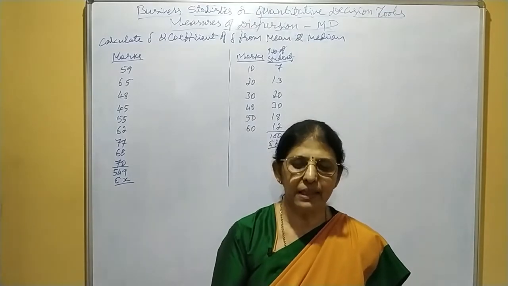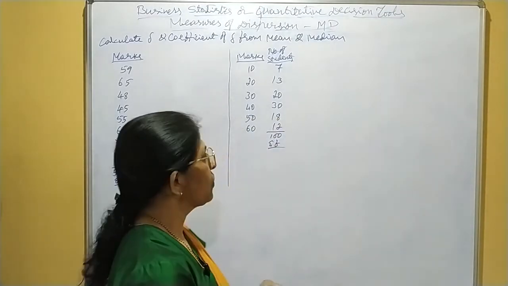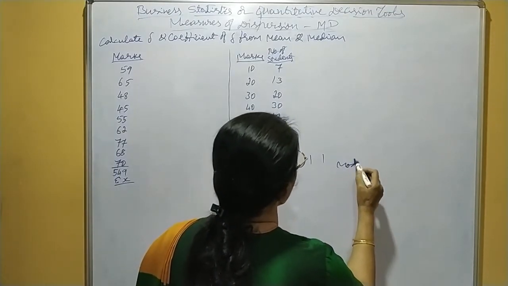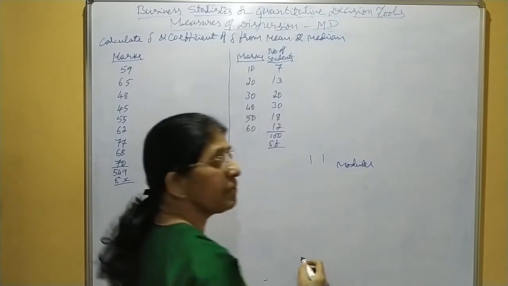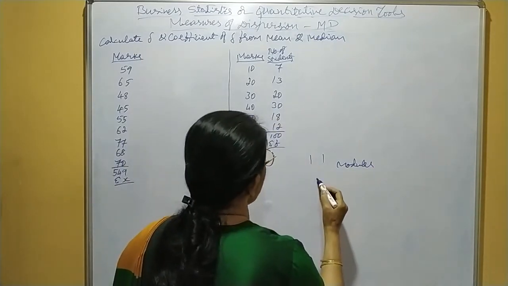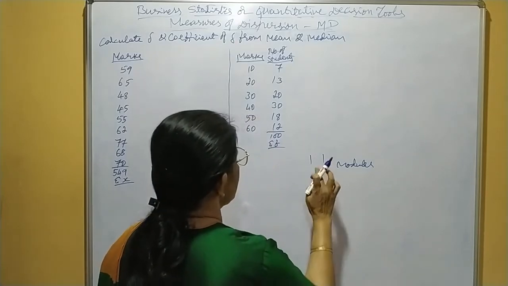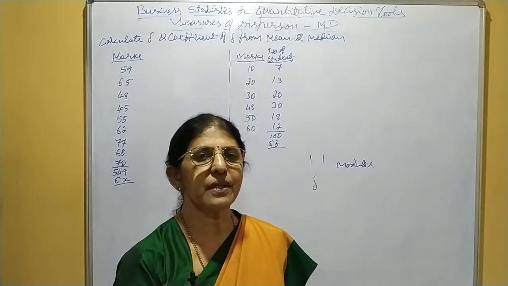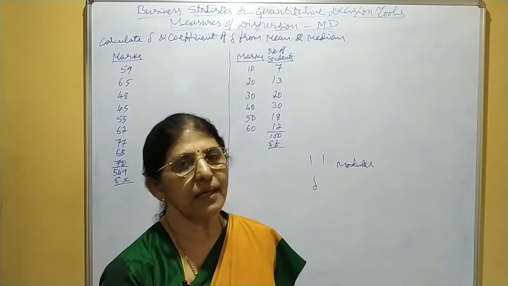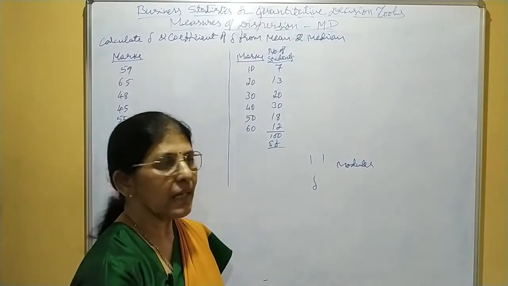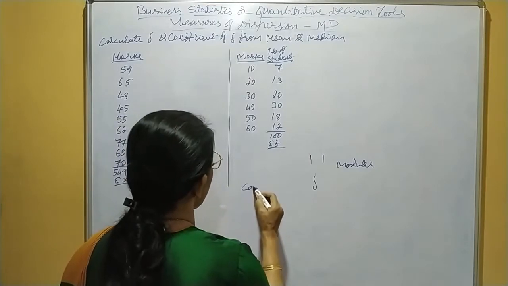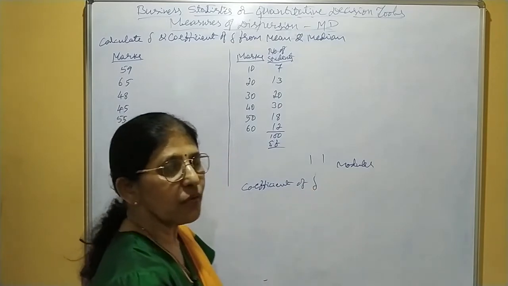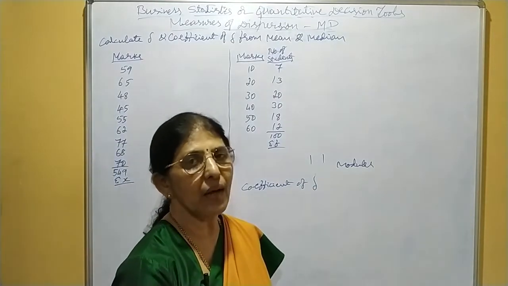And in order to indicate the absolute deviation, two vertical lines are drawn like this. This is called modulus. And mean deviation is denoted by a Greek letter, small delta. And for the purpose of comparison of variation among different sets of data, we calculate the coefficient of mean deviation from mean, median or mode.